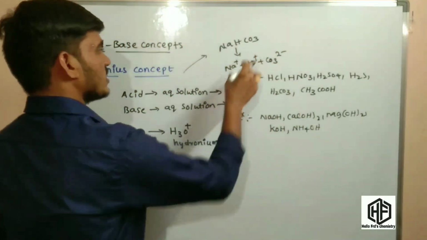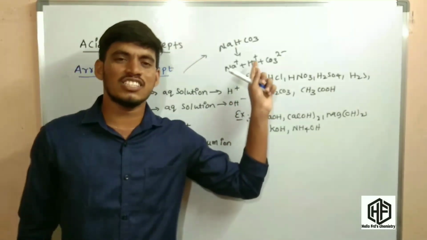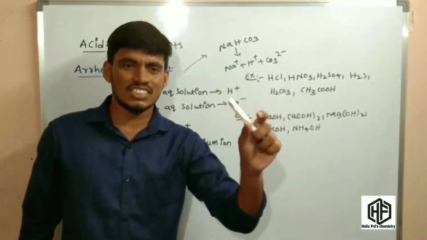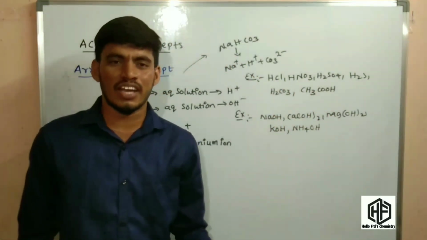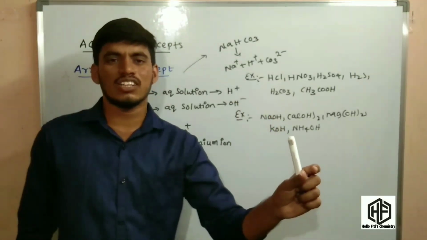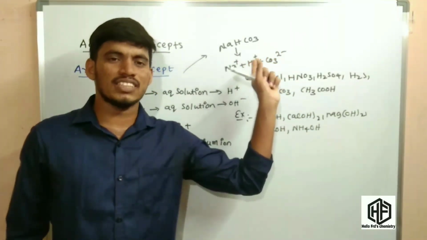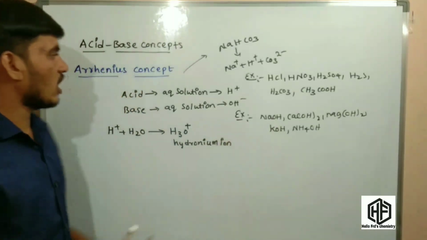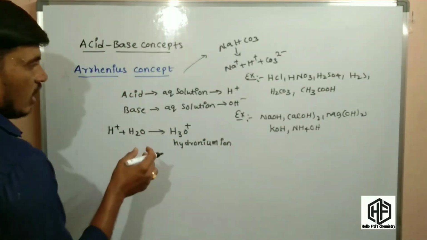Na plus and H plus are present, but this cannot be called an acid, because Arrhenius says that in aqueous solution only H plus ions present is called an acid, and only OH minus ions present is called a base. So this is not an acid according to the Arrhenius concept.